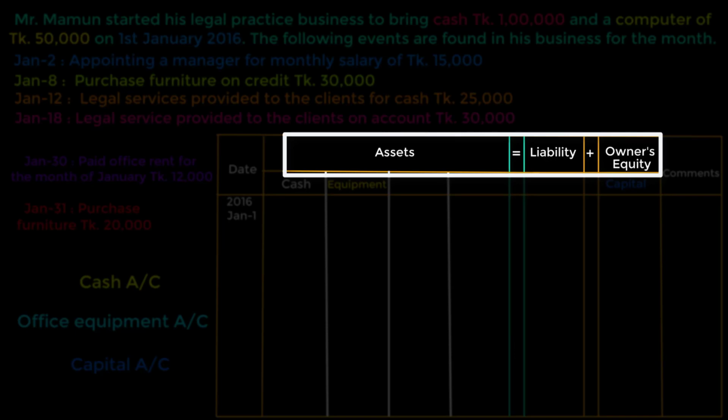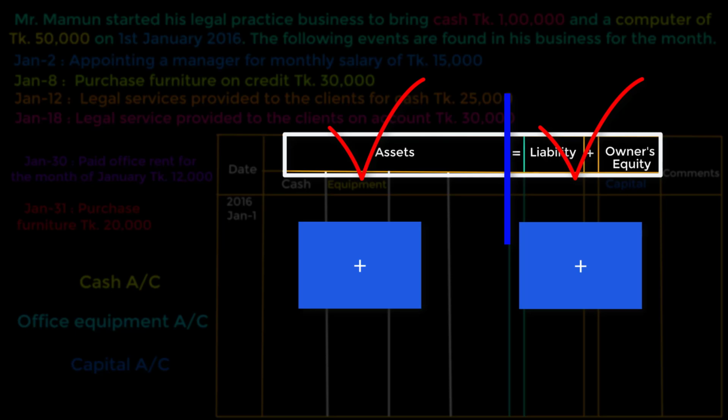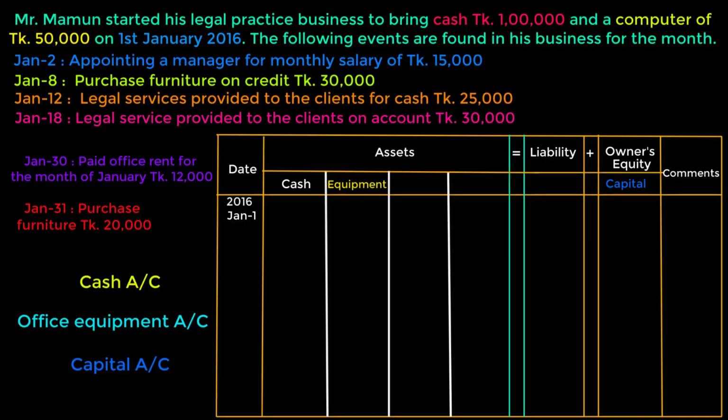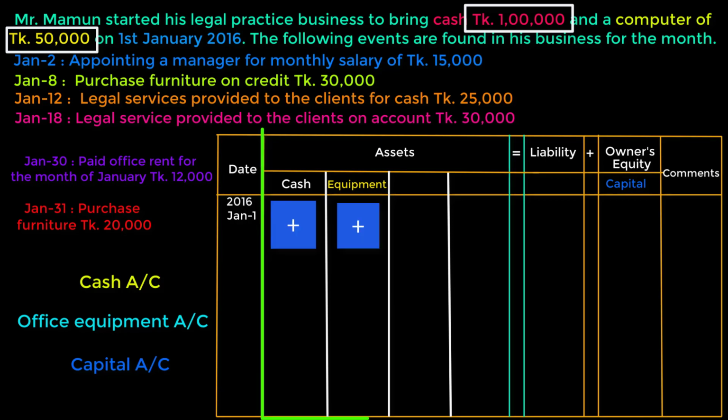What was the trick? Either both sides of the equation will be plus or both sides of the equation will be minus. Now tell me, for bringing cash and office equipment, will these assets be increased or decreased? Certainly, these assets will be increased. That means this amount of taka 1 lakh and this amount of taka 50,000 will be plus here in this left hand side.